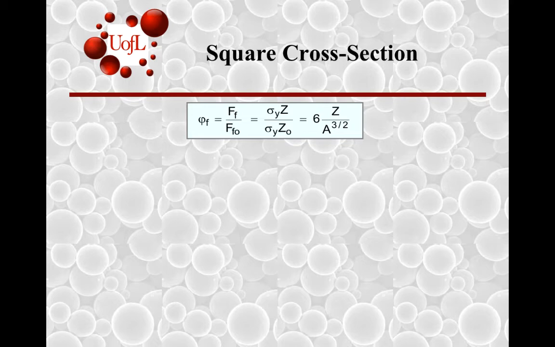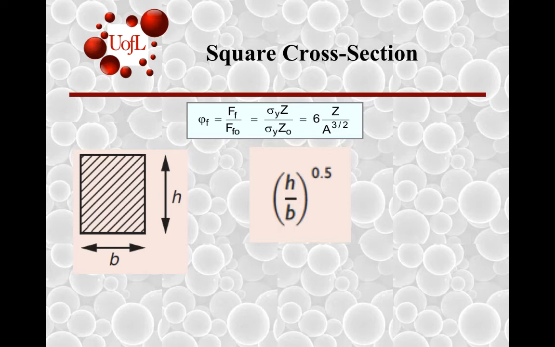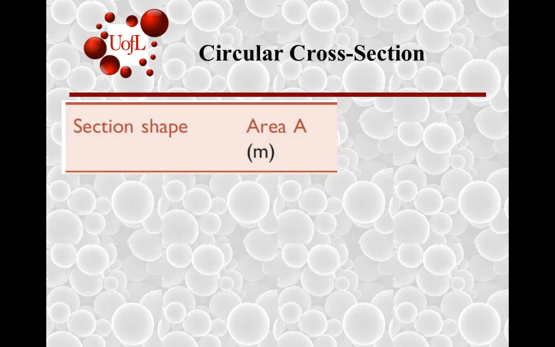So when B equals H, you would come to a situation where the shape efficiency factor would be 1. But when B is not equal to H, it will be H divided by B to the power 0.5. That's what will emerge when you substitute Z and A into this equation over here. So that's the shape efficiency factor for a strength limited design.